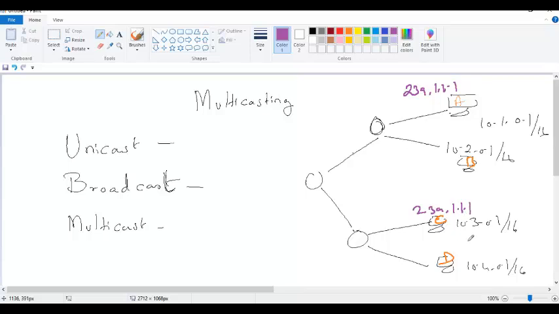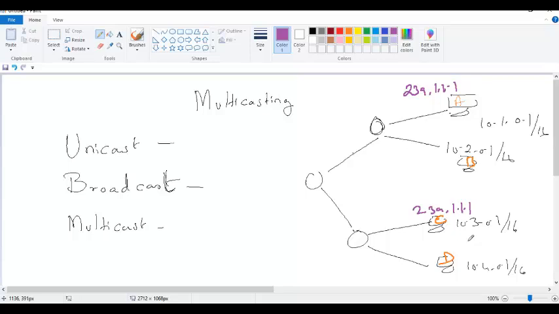These PCs A and C have their own individual IP addresses 10.1.0.1 and 10.3.0.1. On top of that, they also have 239.1.1.1.